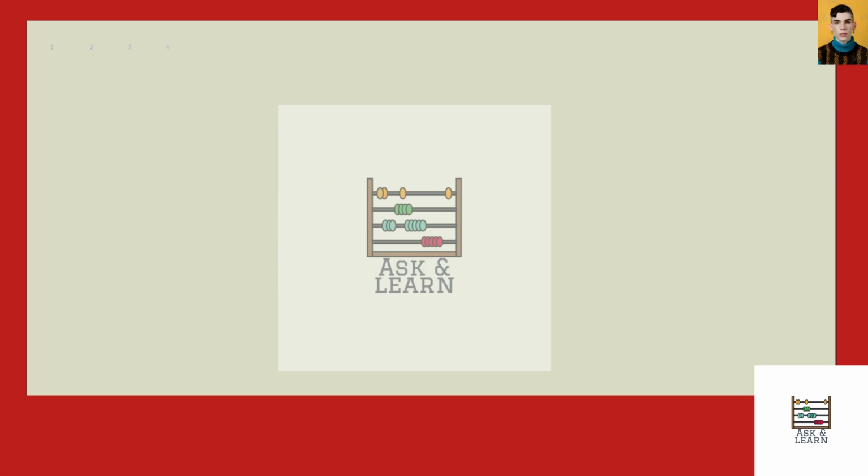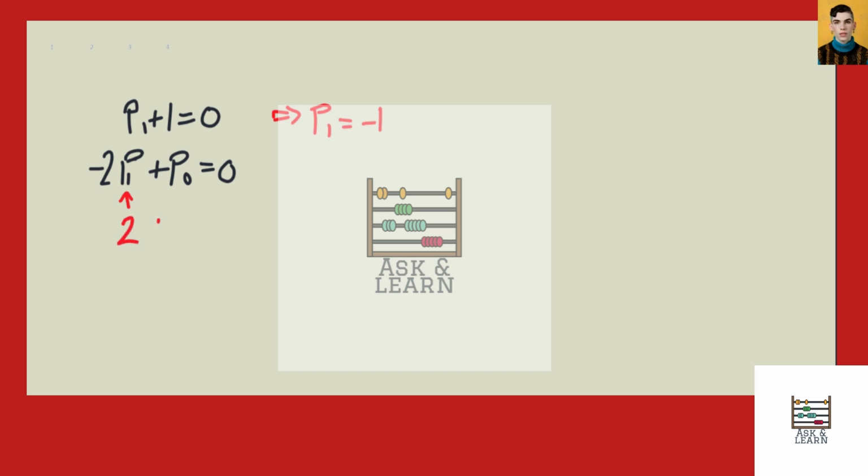And when we do that, we have that p1 plus 1 is equal to 0, and negative 2p1 plus p naught is equal to 0. So the first one's pretty easy, right? So here we get that p1 is equal to negative 1. We put negative 1 in here, and we end up with 2 plus p naught is equal to 0.